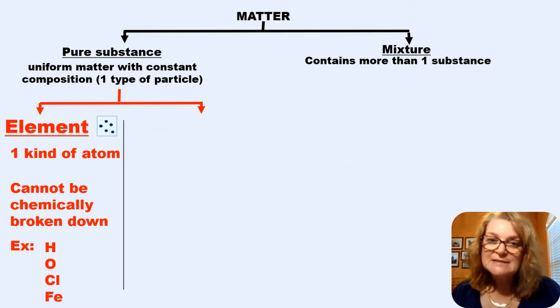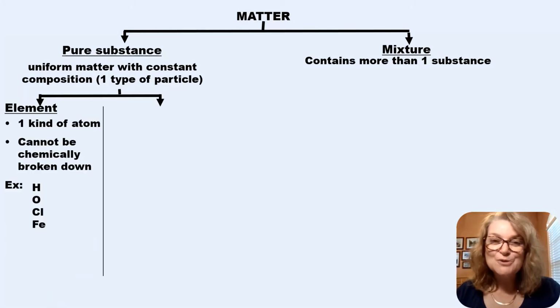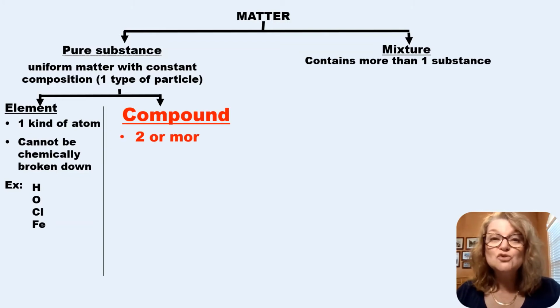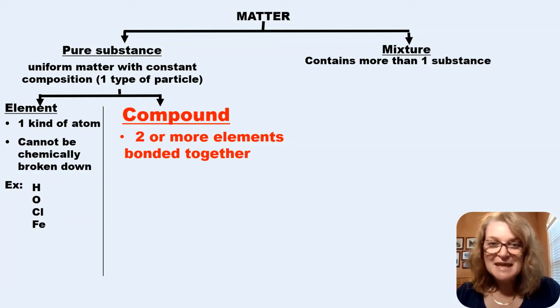Notice how some elements have one letter in their symbol and some elements have two, but every symbol starts with a capital letter, and if there's a second letter, that second letter has to be lowercase. Second category under pure substances is going to be compounds. And in a compound, you're going to have two or more different elements bonded together with a chemical bond.